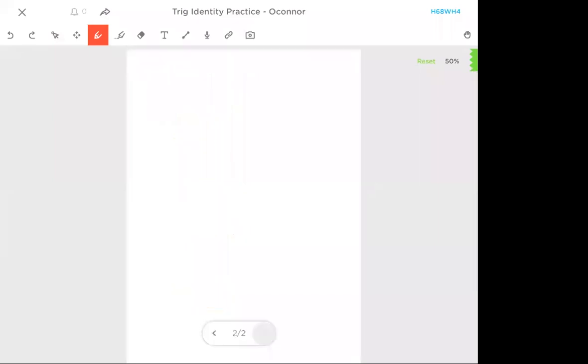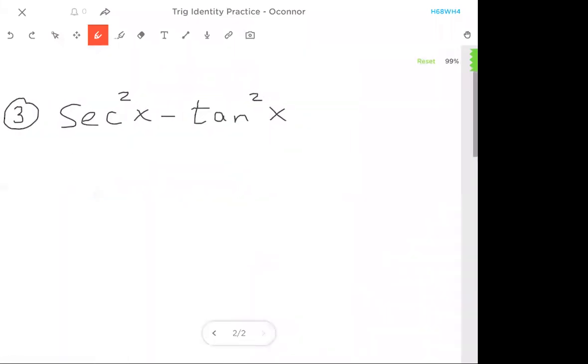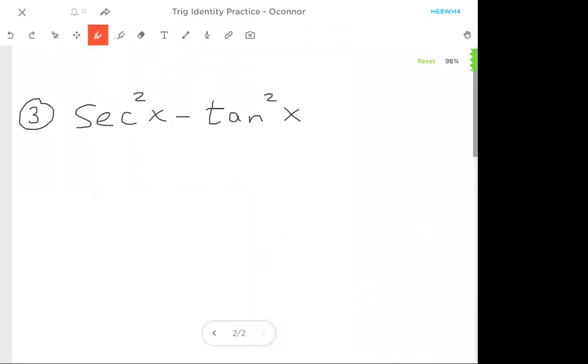All right. Second slide. We're going to write things in terms of sines and cosines. So the secant is the cosine flipped over. So secant squared is 1 over cosine squared x. Tangent squared is sine squared over cosine squared.